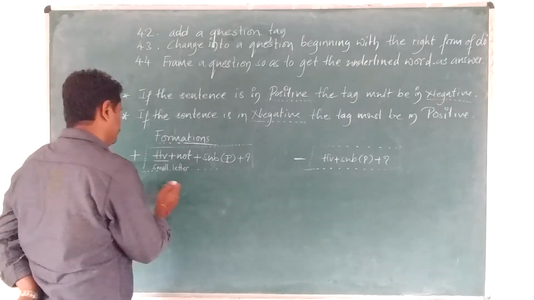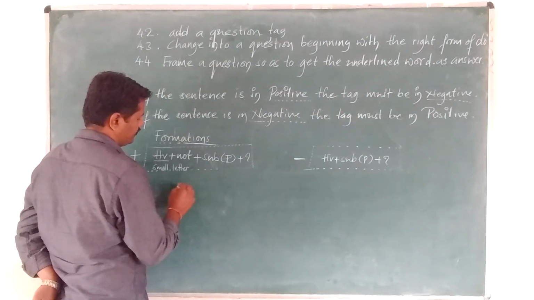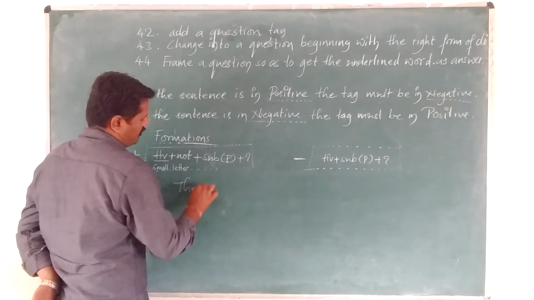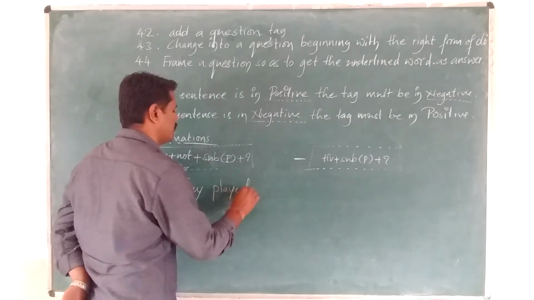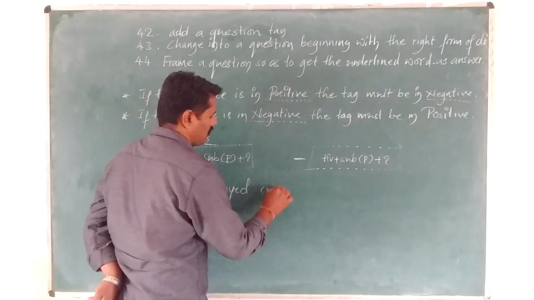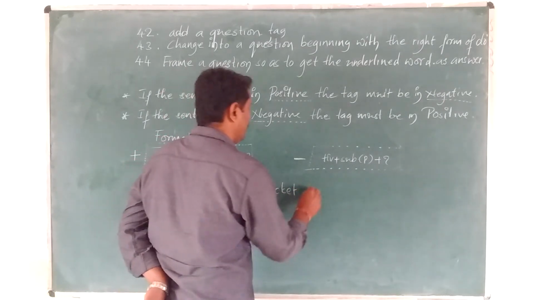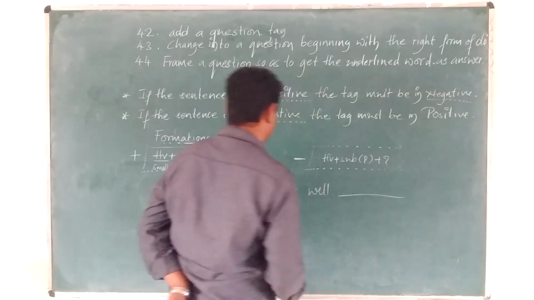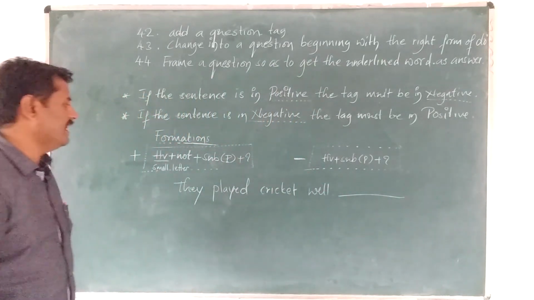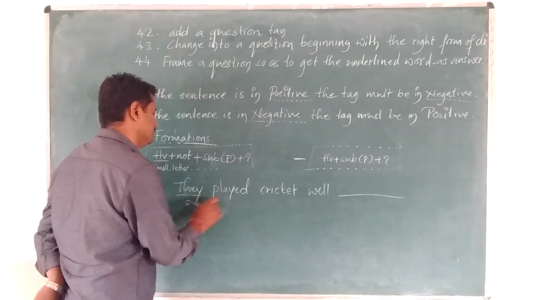The sentence is in simple past tense. Suppose they played cricket well. Like this. The subject they is there.